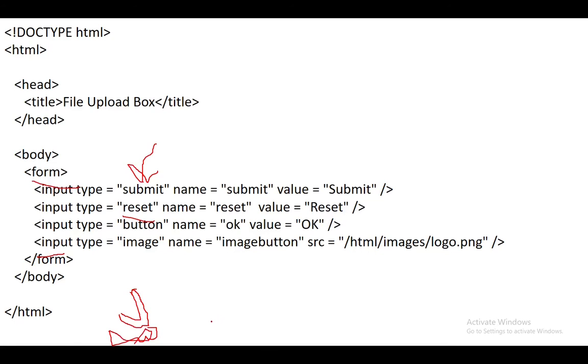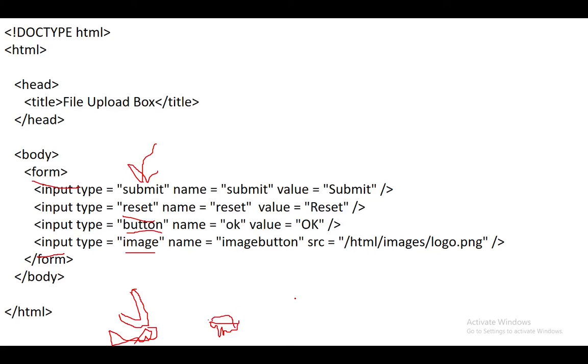Then we also have input type button, name. Basically all you're going to change is the type. We have submit, reset, button, and image. Then the name, image button. Then you put in the link to where that image is.